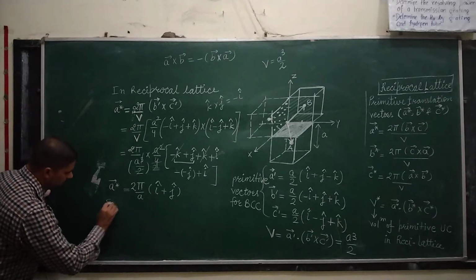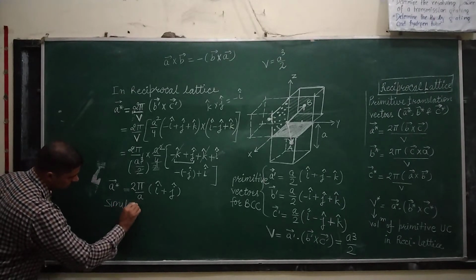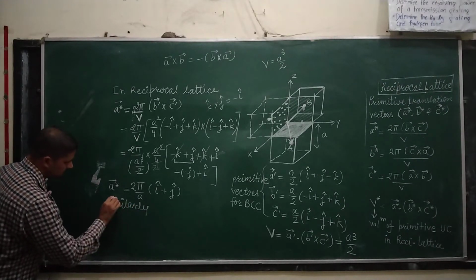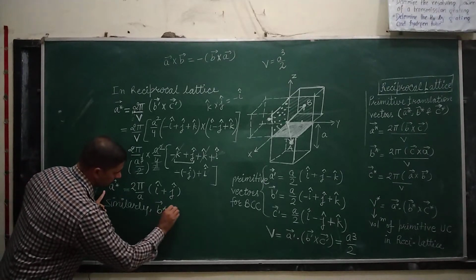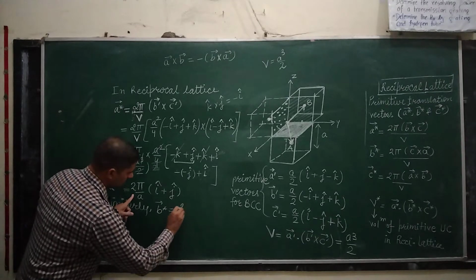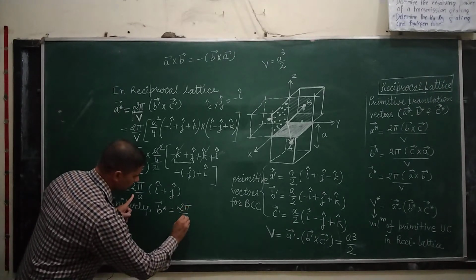In the same way you can find, similarly you can write b star, this is equal to 2 pi by a.